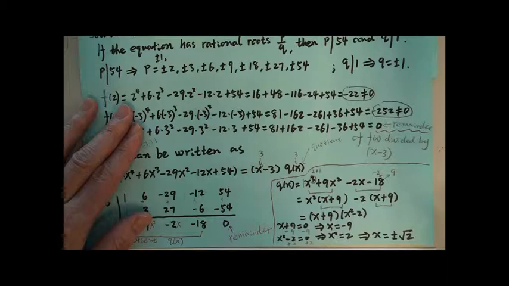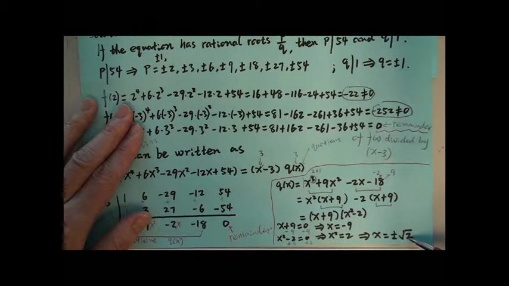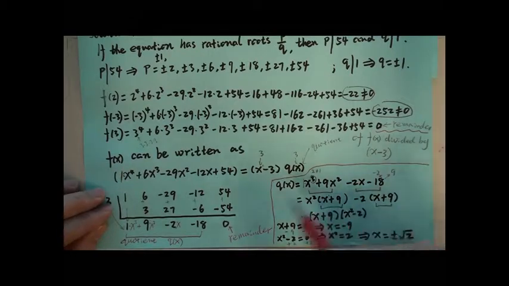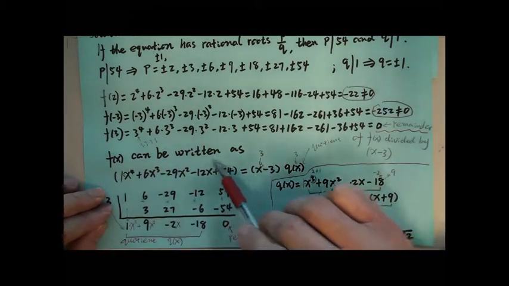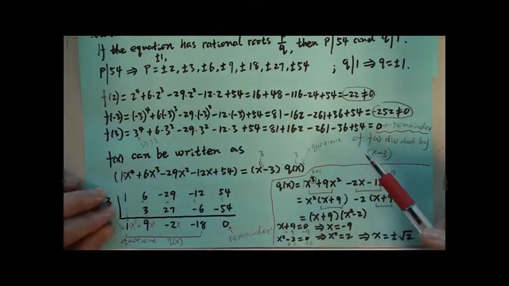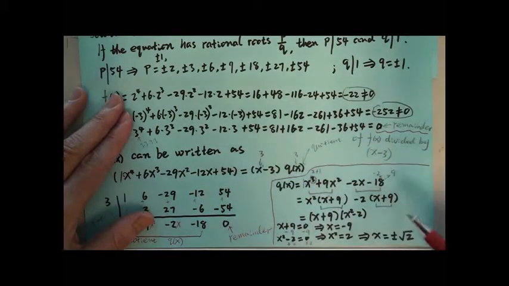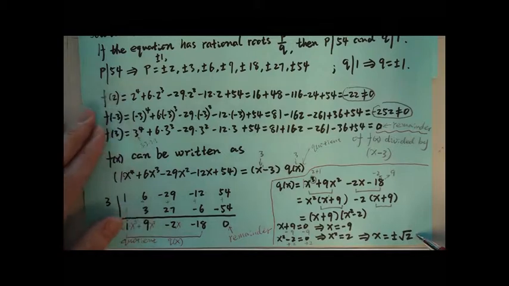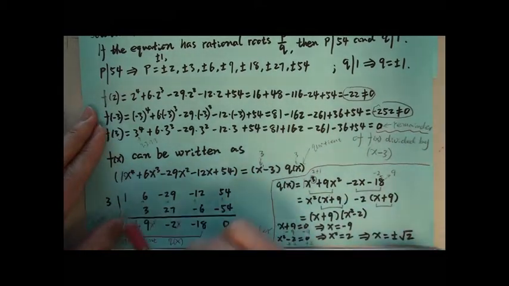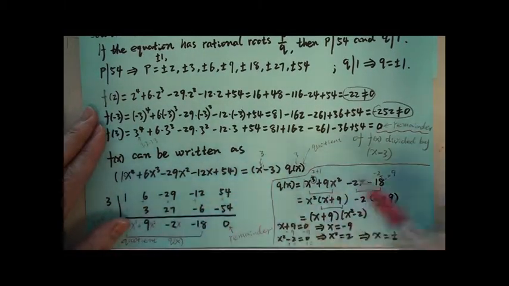This tells us that q of x has 3 roots: negative 9, plus or minus radical 2. And f of x can be written in this way. So f of x has root 3, plus all those 3 roots, negative 9, plus or minus radical 2. So f of x has 4 roots, because it has degree 4.